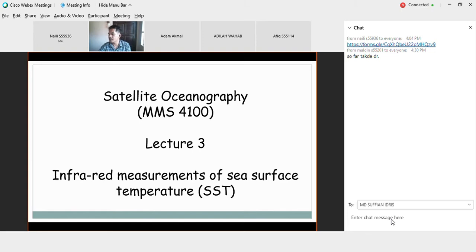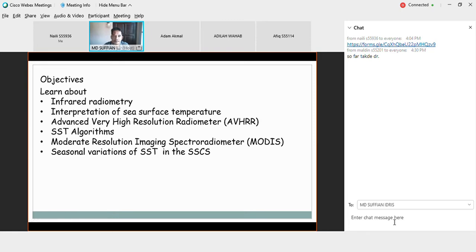Okay, so kita masuk lecture yang ketiga, infrared measurement of sea surface temperature or SST. So the objective is to learn about infrared radiometry. What is infrared radiometry?